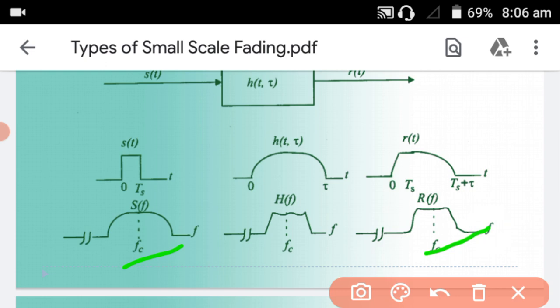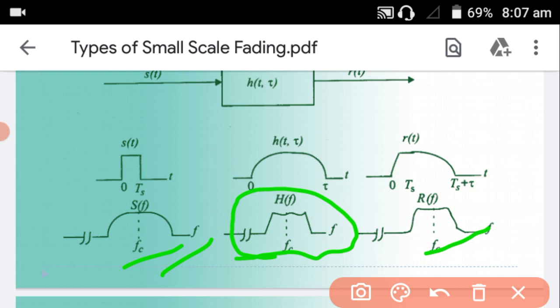What happens if this transmitted signal goes through this channel? It will cause some deep fade in the signal, because of the frequency components. Some frequency components have deep fade, some have no fade.